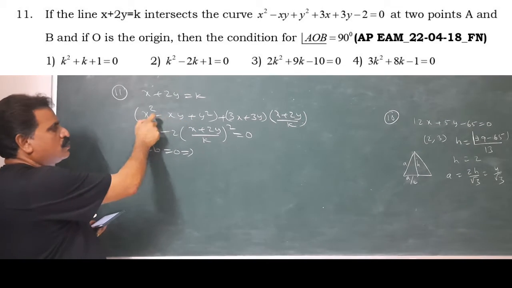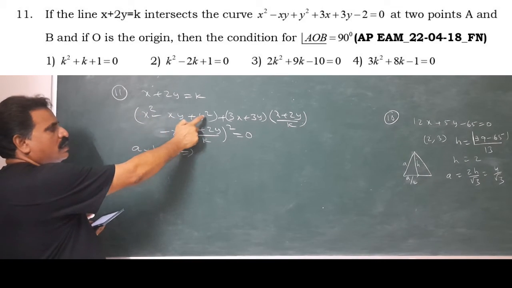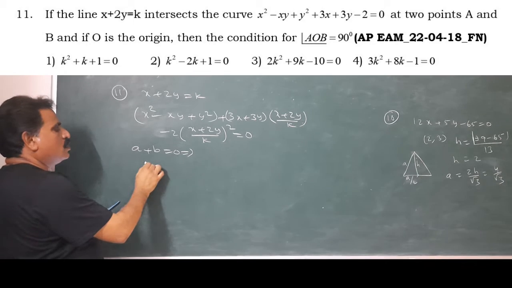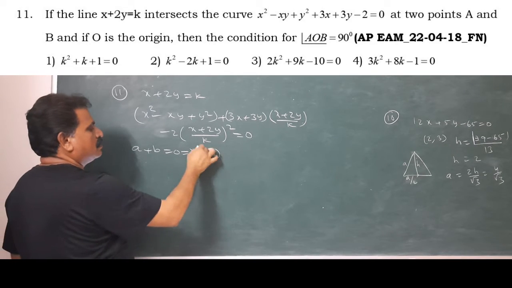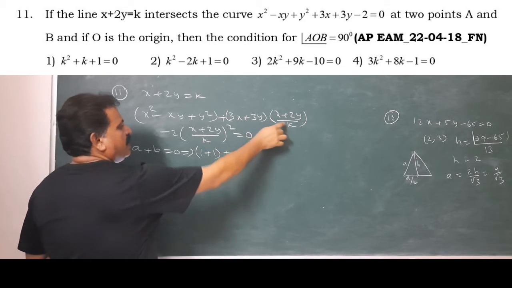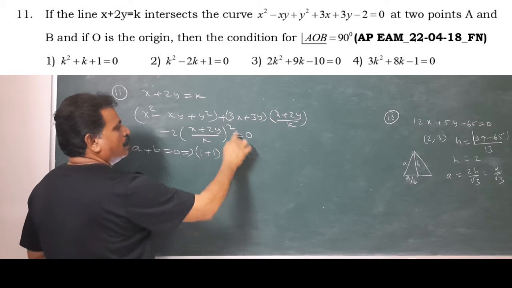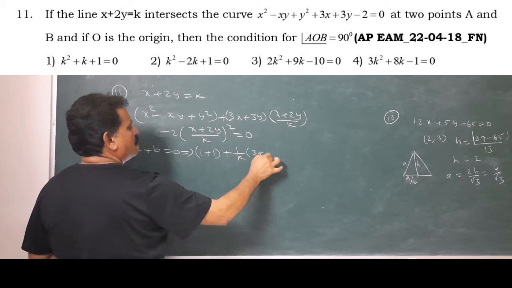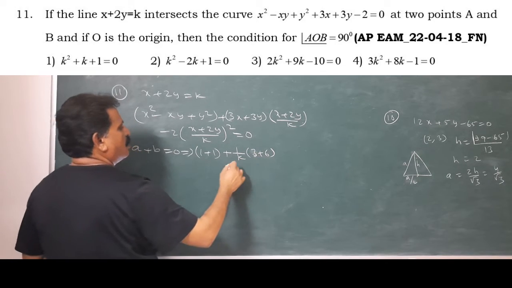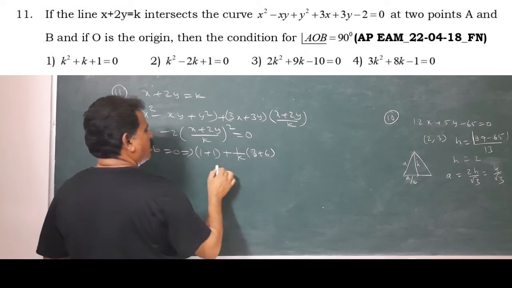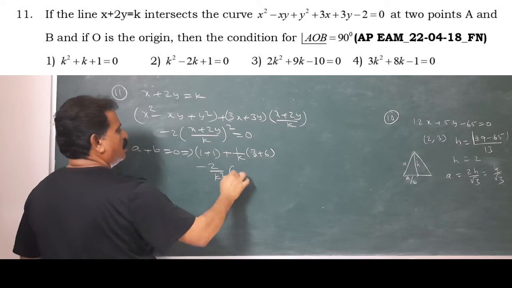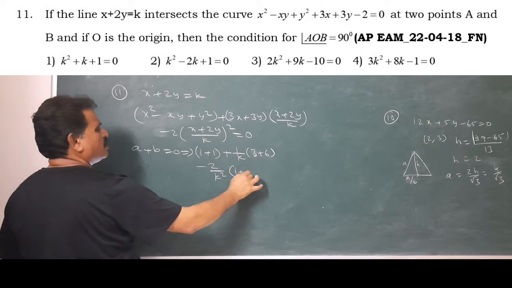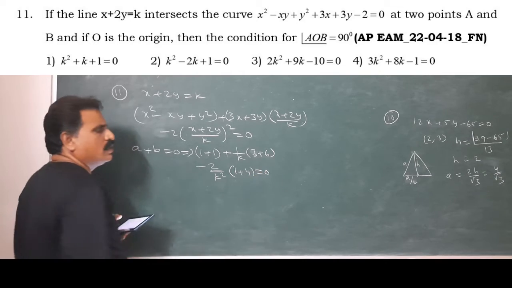Here the x square coefficient is 1 and the y square coefficient is 1, so 1 plus 1, plus 1 by k into x square coefficient 3 plus y square coefficient 3, that is 6, next minus 2 by k square into x square coefficient 1 plus y square coefficient 4, equal to 0.